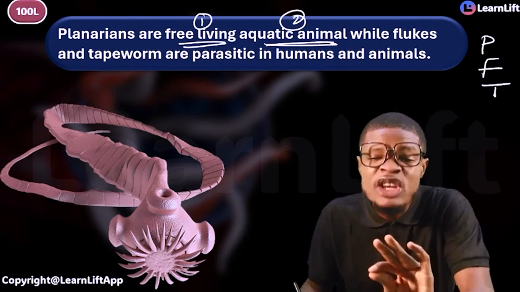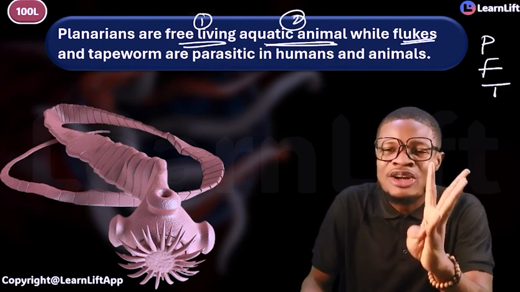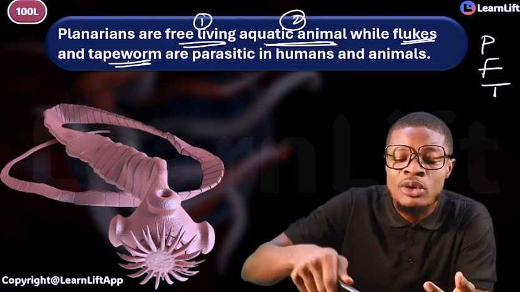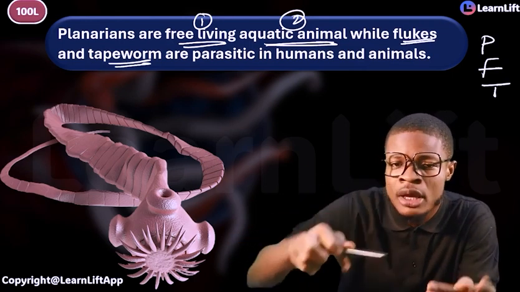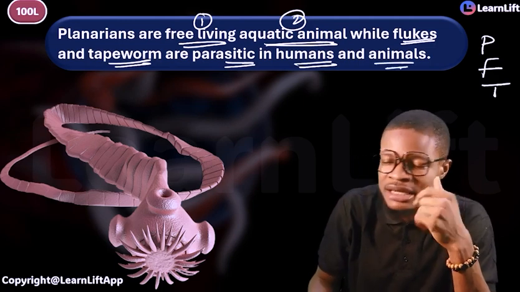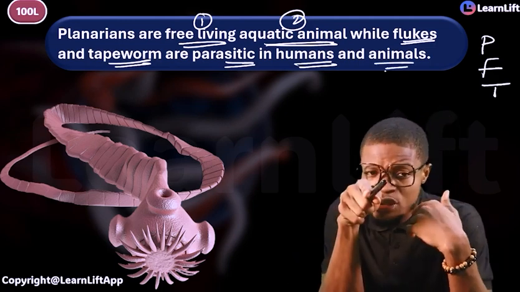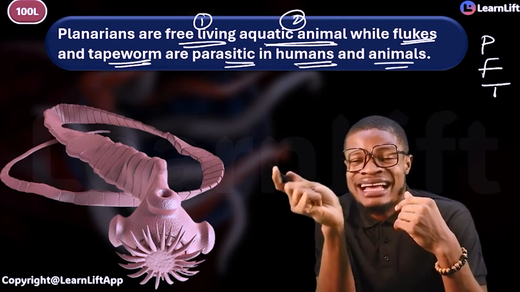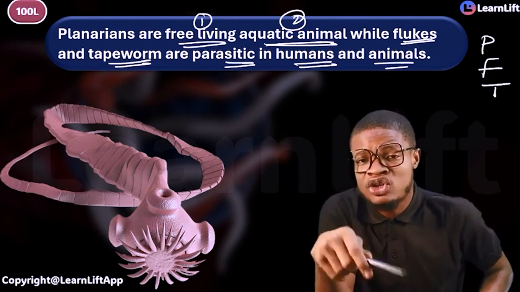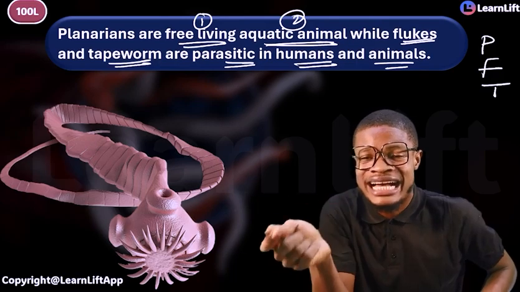But your flukes, whether your blood fluke or your liver fluke, as well as your tapeworm, whether Taenia solium or Taenia saginata, they are parasitic in humans and animals. So the exam question they always ask here: planarias are dash, are they free living or parasitic? They are free living. Not just free living, but free living aquatic animals.